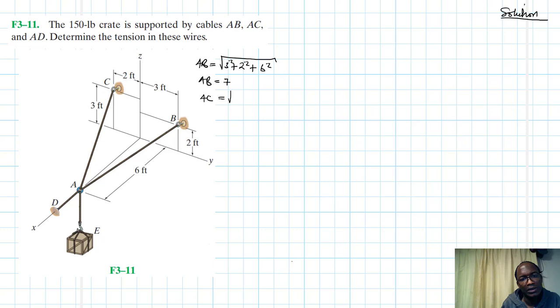AC is just equal to the square root of 2 squared plus 3 squared plus 6 squared. It's the same, right? This is also equal to 7. Great.